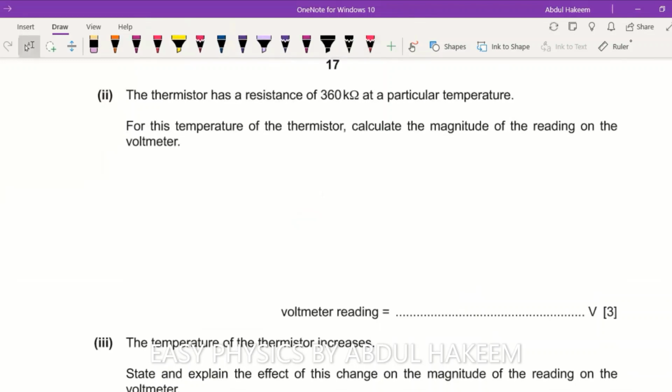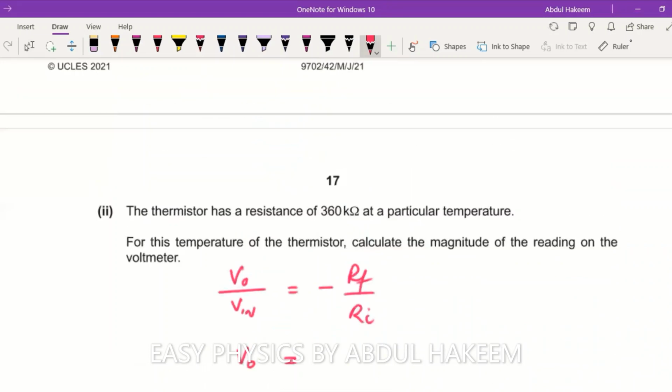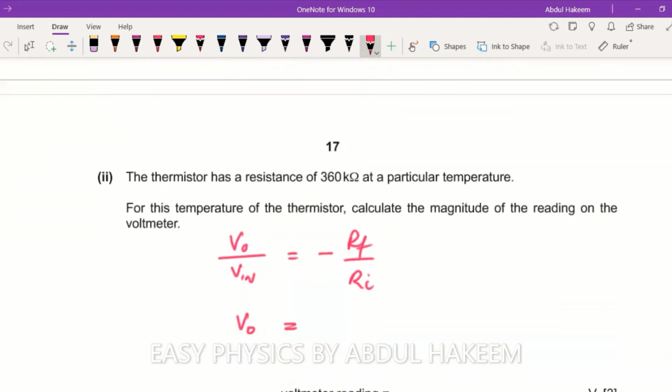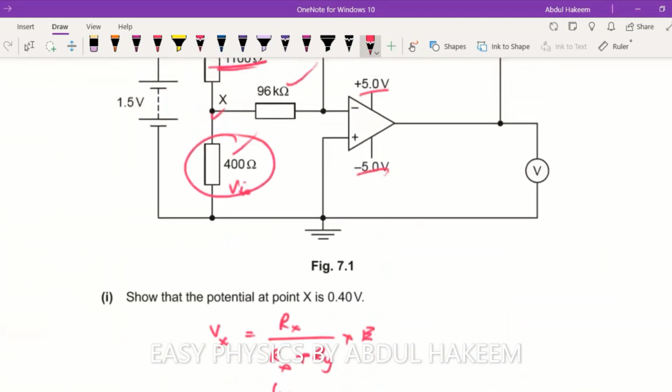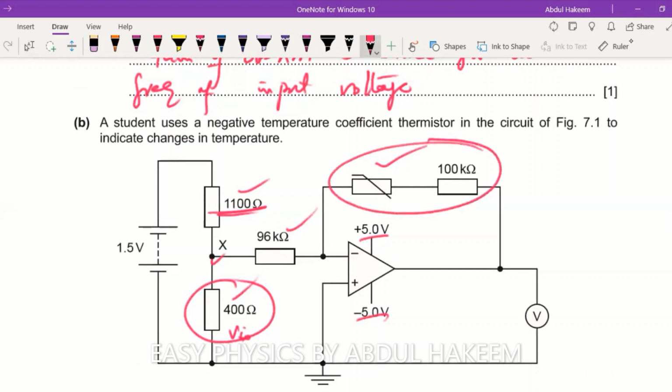Next, the thermistor has a resistance of 360 kilo ohm at a particular temperature. For this temperature of the thermistor, calculate the magnitude of the reading, I mean, the output is required. Output over input, this ratio is called the gain, and here it is equal to minus Rf over Ri. So Rf is the combination of these two resistors.